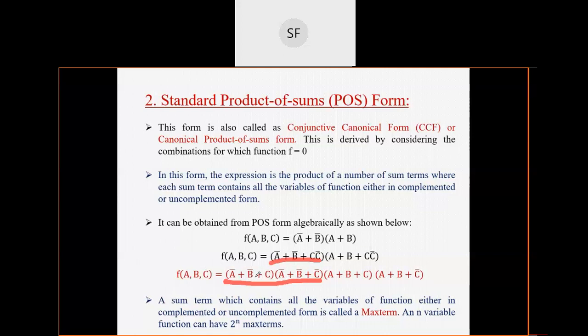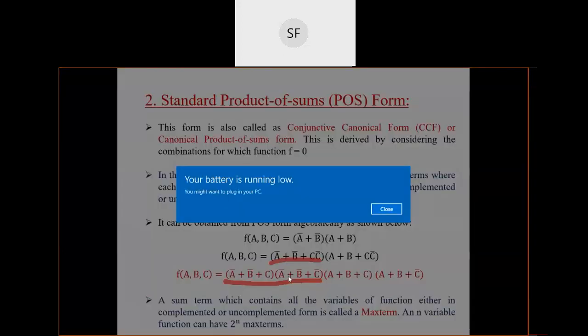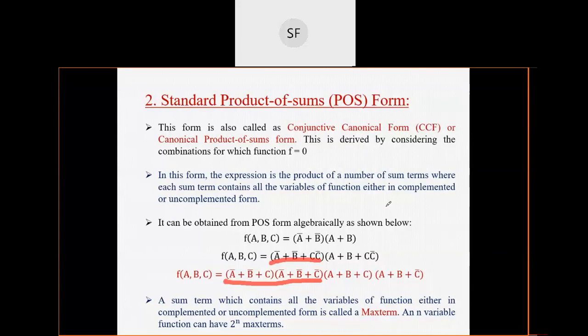When you multiply the two brackets by applying the different laws, you will observe that the multiplication of these two brackets is nothing but this bracket only. Just try it and see.